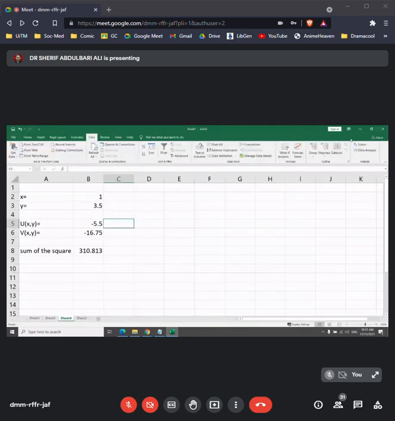The solver exists in the Data ribbon at the upper right corner of your Excel. By default, it's not installed in Microsoft Excel. If you cannot find it, tell me and I will show you how to install it.